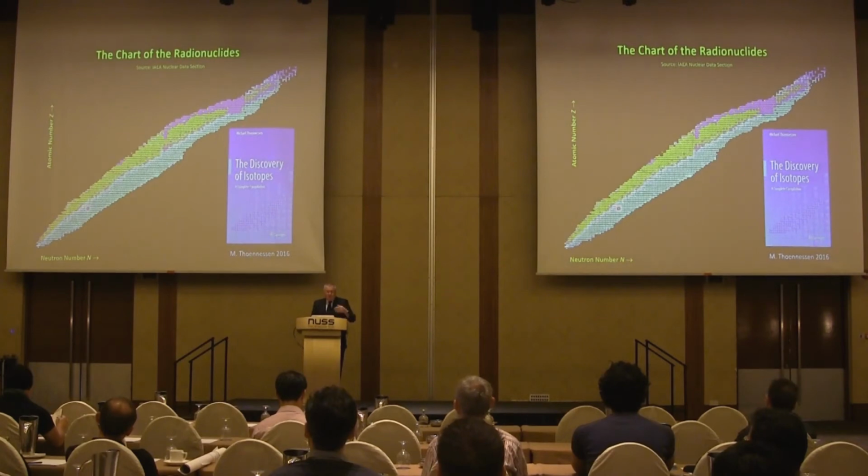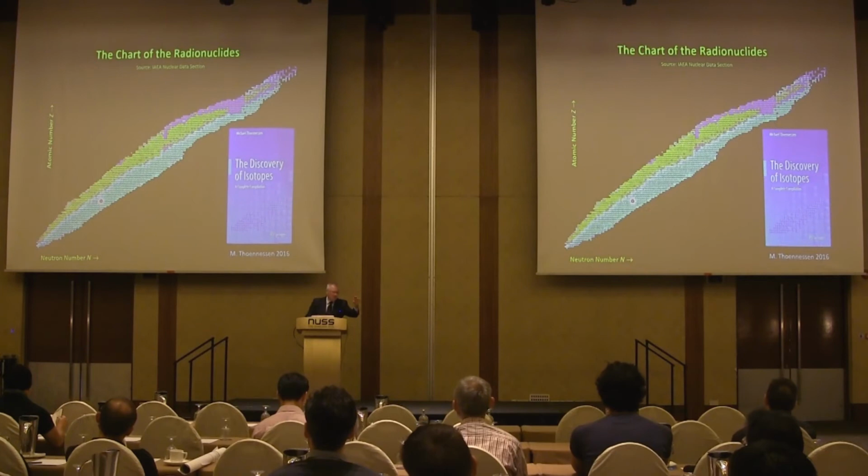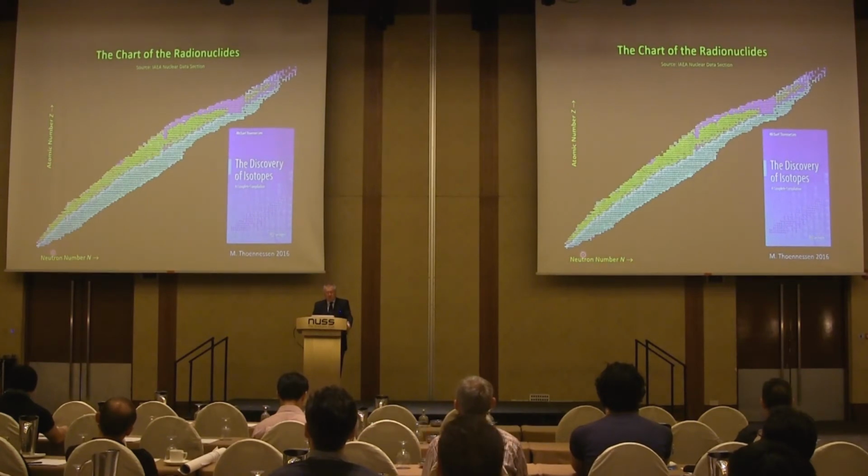It shows all the known nuclei in nature, subject to some proviso that they live for a time long enough to be observed. In this representation, the neutron number is indexed by the column, the x-coordinate, and then the atomic number, or the proton number, is in the vertical direction. And maybe you can see it right there.